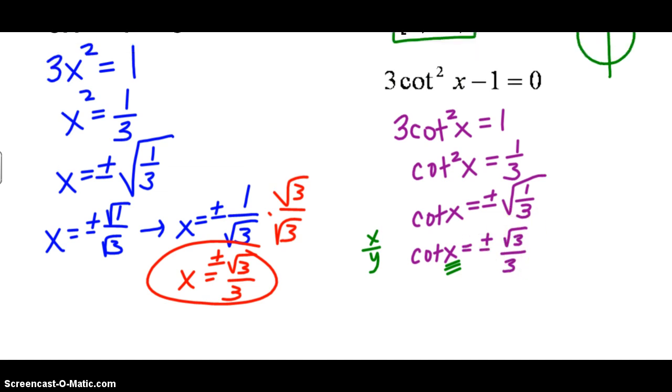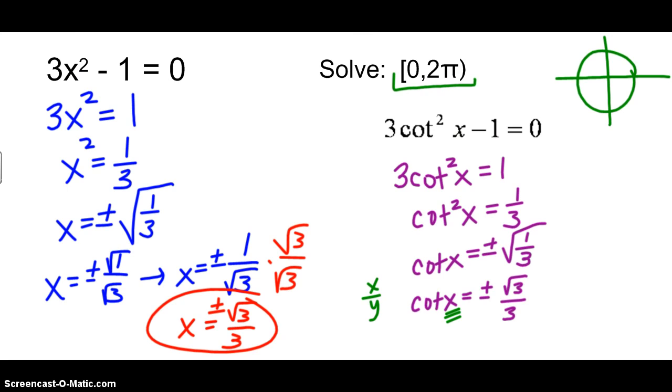If you use what you know from your unit circle, and you take an x over a y, your root 3 over 3's are going to happen up here, and down here, and down here. The reason I have 4 angles this time is because I'm talking about plus and minus.